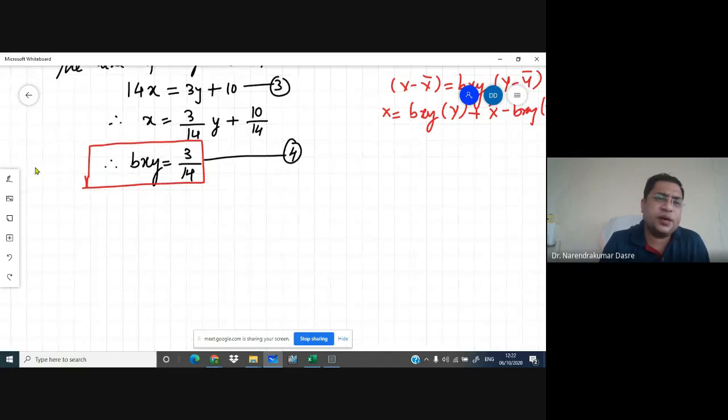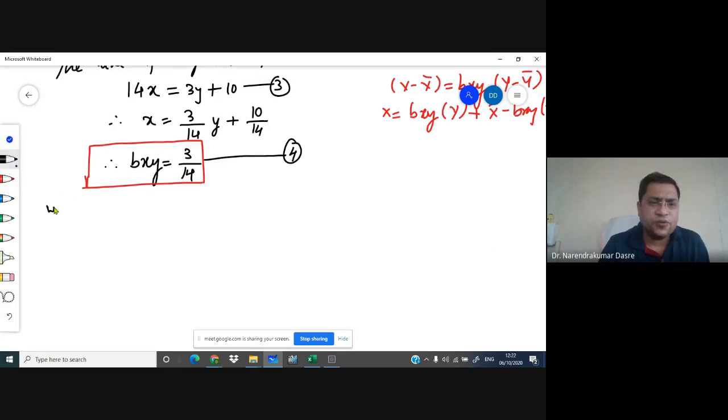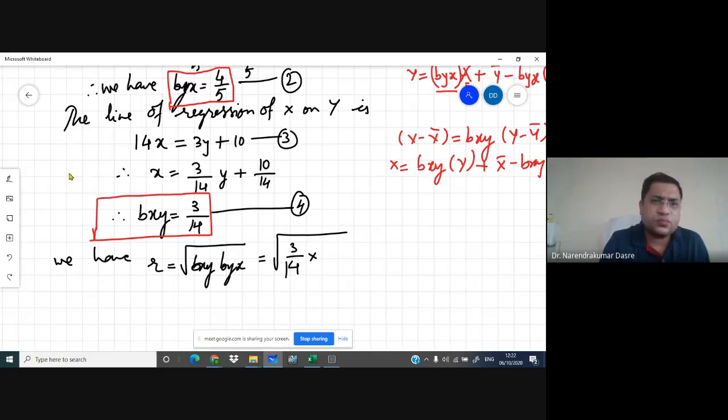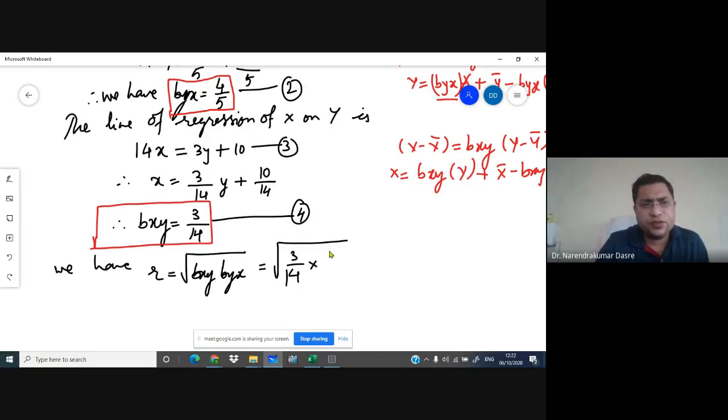Okay, and using this, we are able to find the value of r. So we know the remark, and hence R is equal to square root of bxy into byx. So it is square root of 3 by 40 into what we have here, 4 by 5.